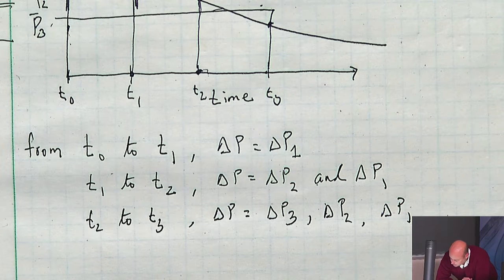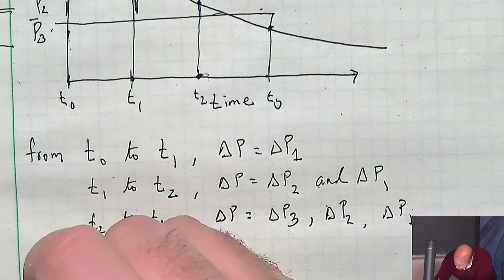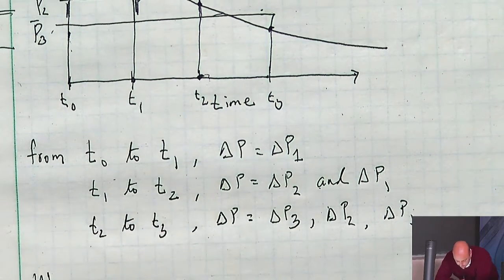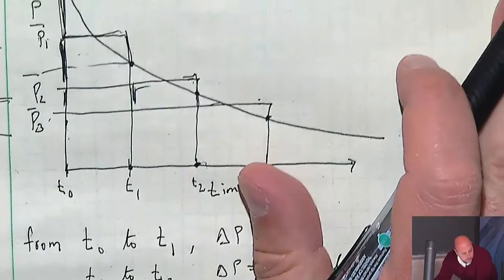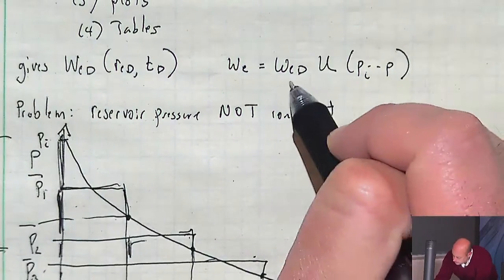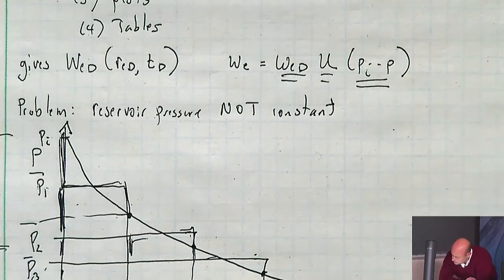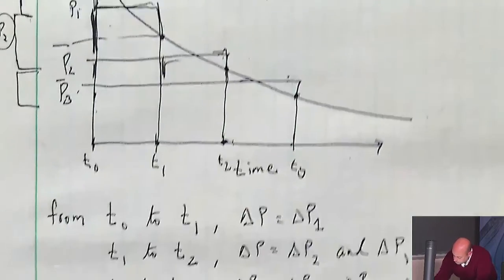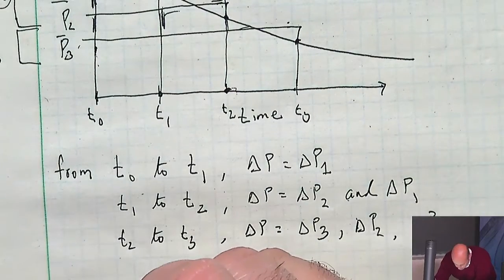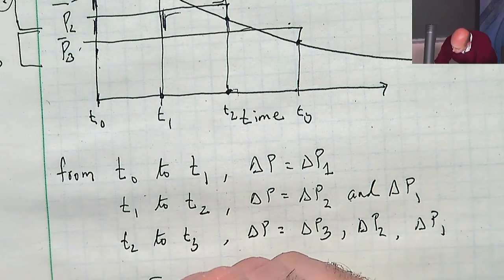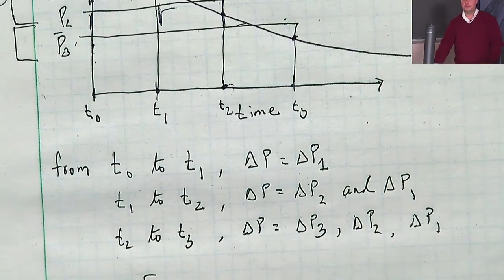Okay. So how do we compute WE? WE is going to be equal to, we had this equation up here, WED times this pressure drop. So we'll say WE is equal to U, but then we're going to use what's called the principle of superposition.